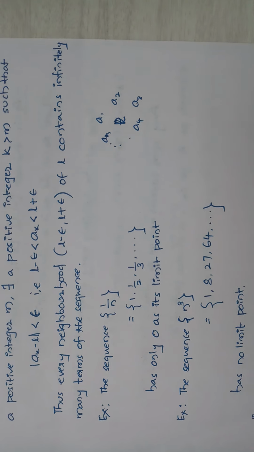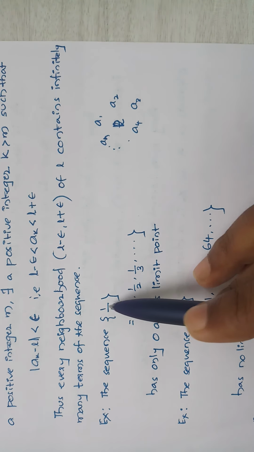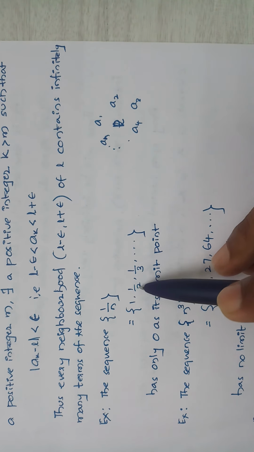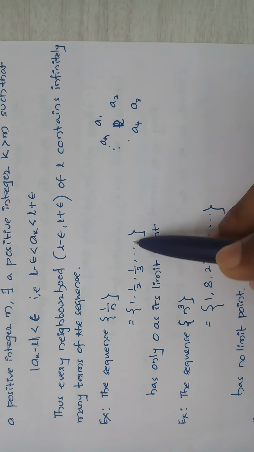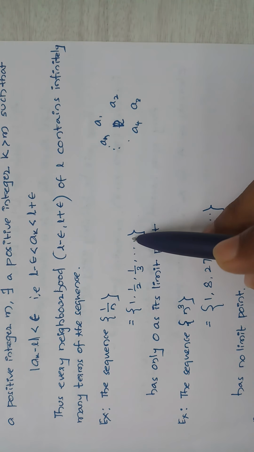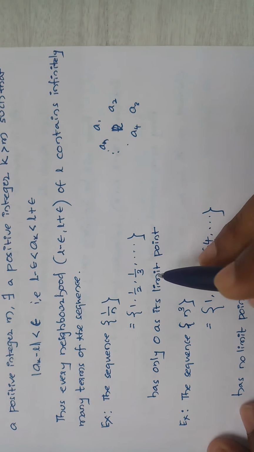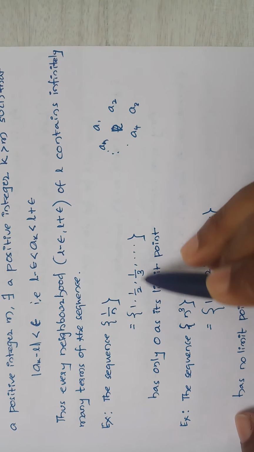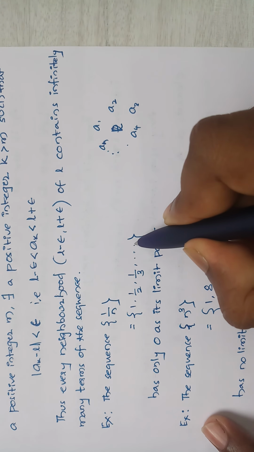So this is the sequence 1 by n: 1, 1 by 2, 1 by 3, and so on. If n tends to infinity, it tends to 0. This is a decreasing sequence, and the terms are reaching towards 0.